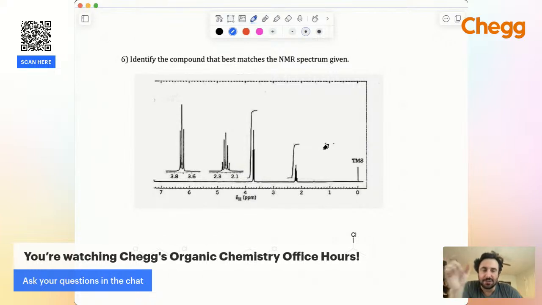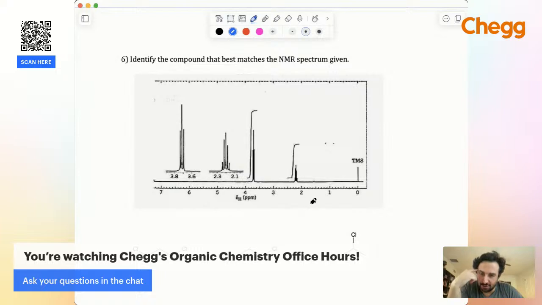You could be given a molecular formula and a spectrum and asked to draw the structure, or you could not even be given a molecular formula. That would be a little hard. You'd probably have to be given IR data or something else as well to get an idea of what the functional groups might be. But here we have some options, and we're going to go between them.